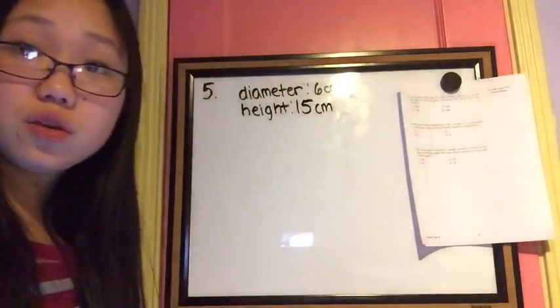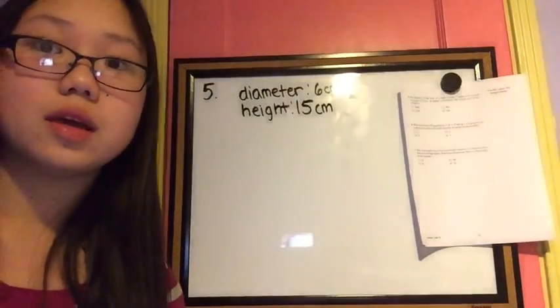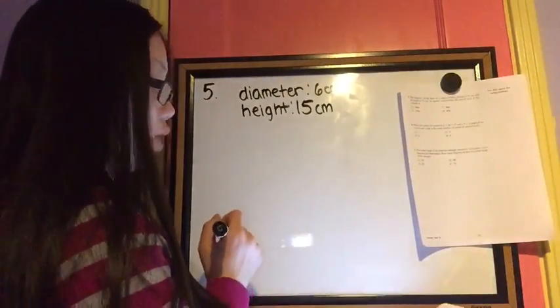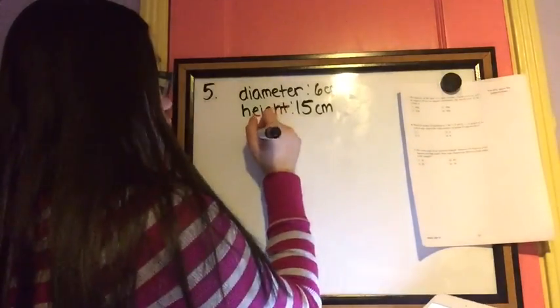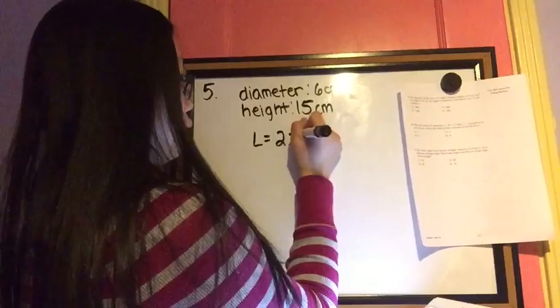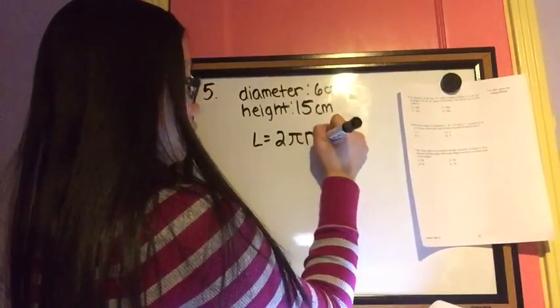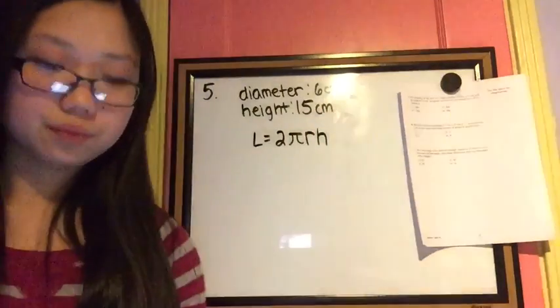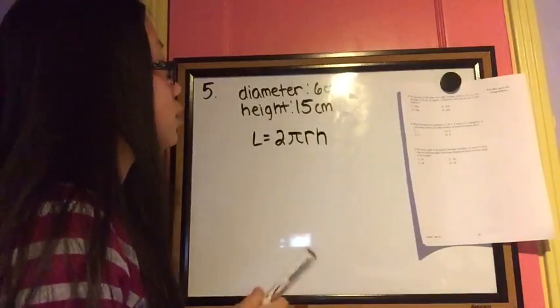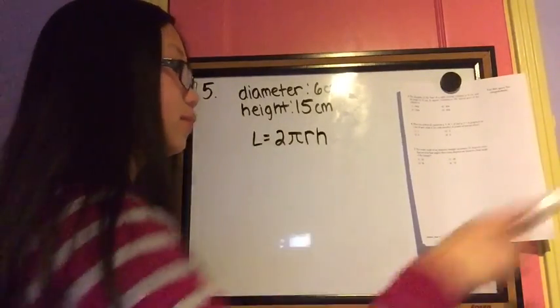Okay, in your reference table, it tells you that the lateral area of a right circular cylinder is equal to 2 pi radius times height. So, now you must plug in these numbers into your equation.